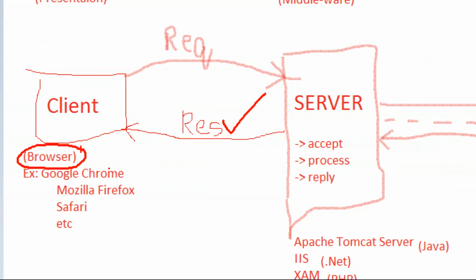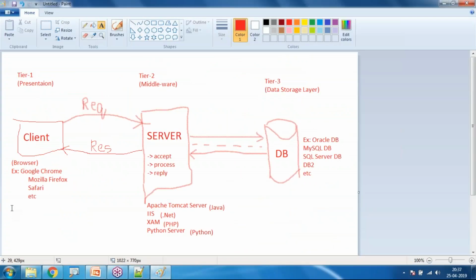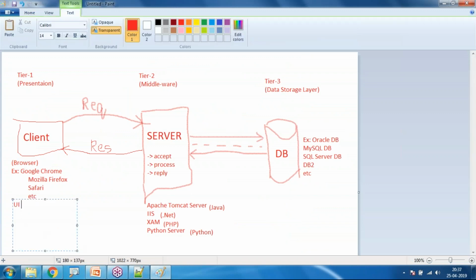Right? For displaying information on the browser, we use UI technologies. These are the UI technologies which are used on the client: 1 HTML, 2 CSS, 3 JavaScript, 4 Angularjs, right?